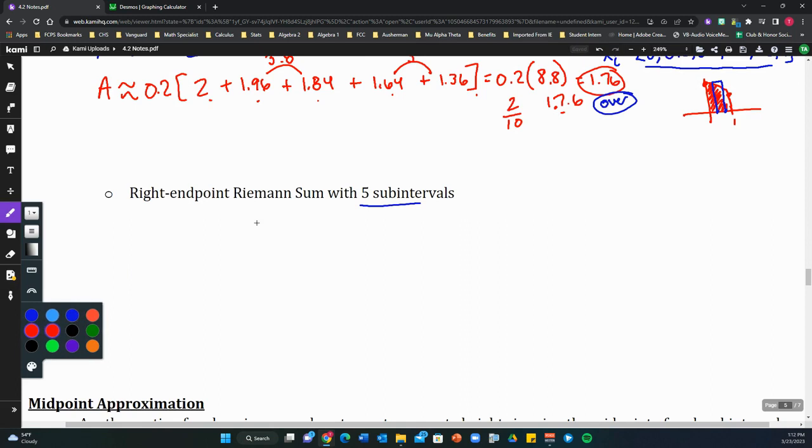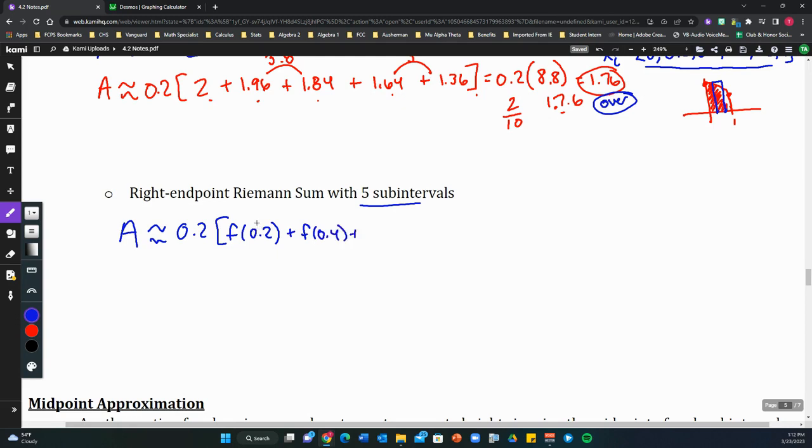So for right endpoints, if I set up my formula, my area will be approximately equal to the same common width, but then multiplied by f of 0.2. Again, for right endpoints, we skip the first one, and then we start with the second one. So I'll cycle through all these other ones, but this time I will need to use that f of 1 that I tried to use a little too early last time.